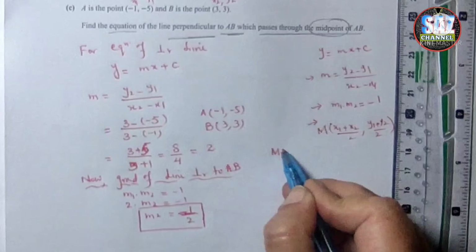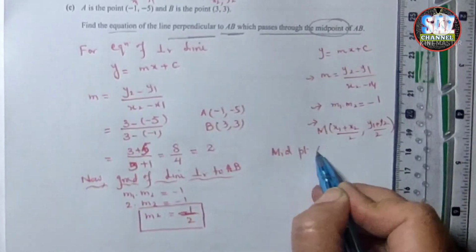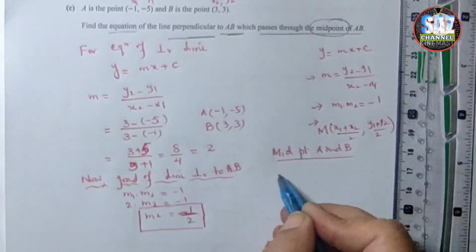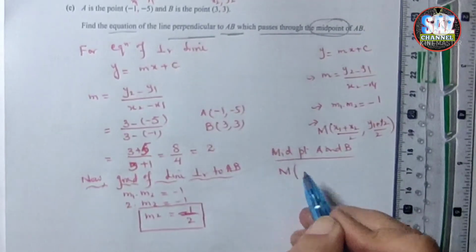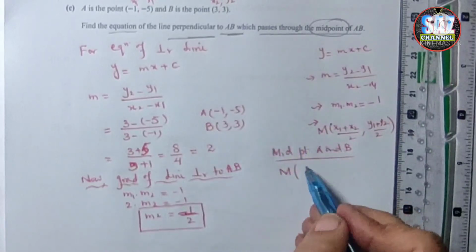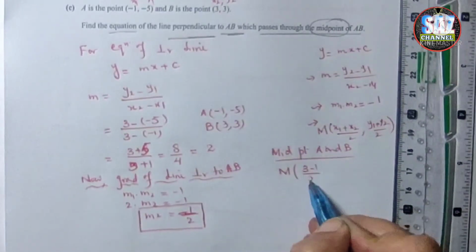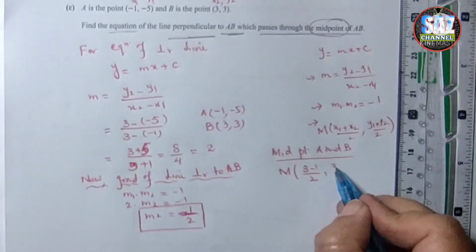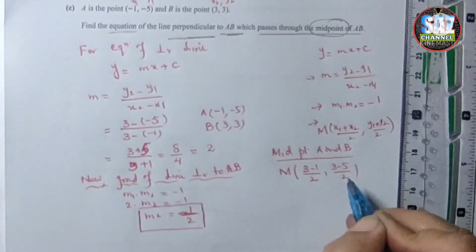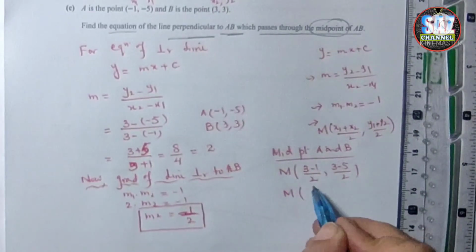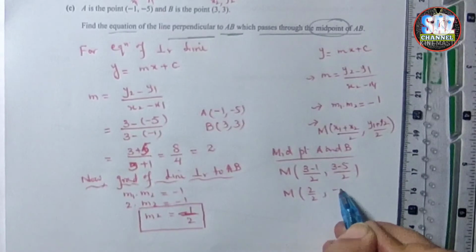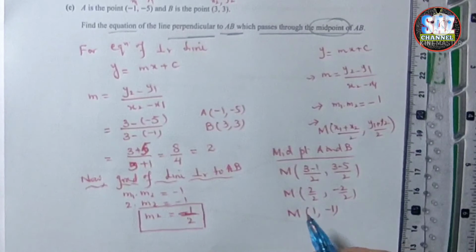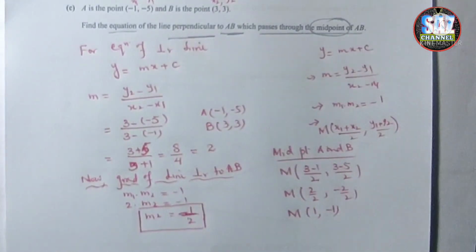Midpoint of A and B: x1 plus x2, this is 3 minus 1 by 2, comma y1 plus y2, this is 3 plus 5 by 2, and this gives me 2 by 2 and 2 by 2, and this is (1, 1). I hope you are clear about these two things.